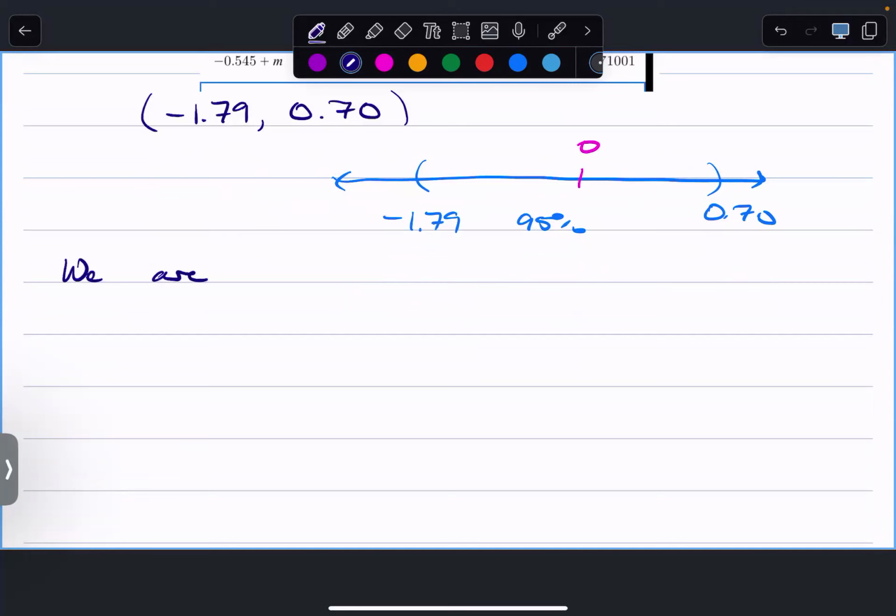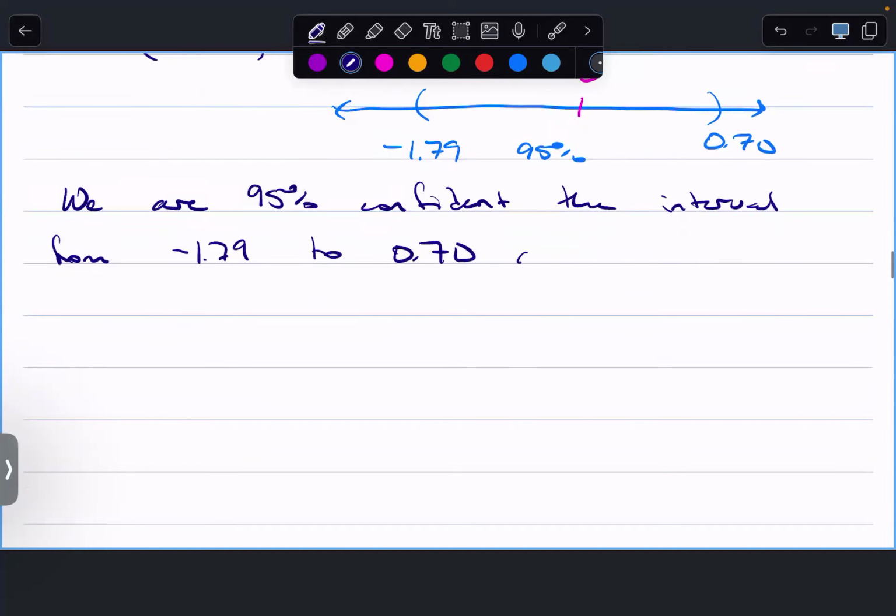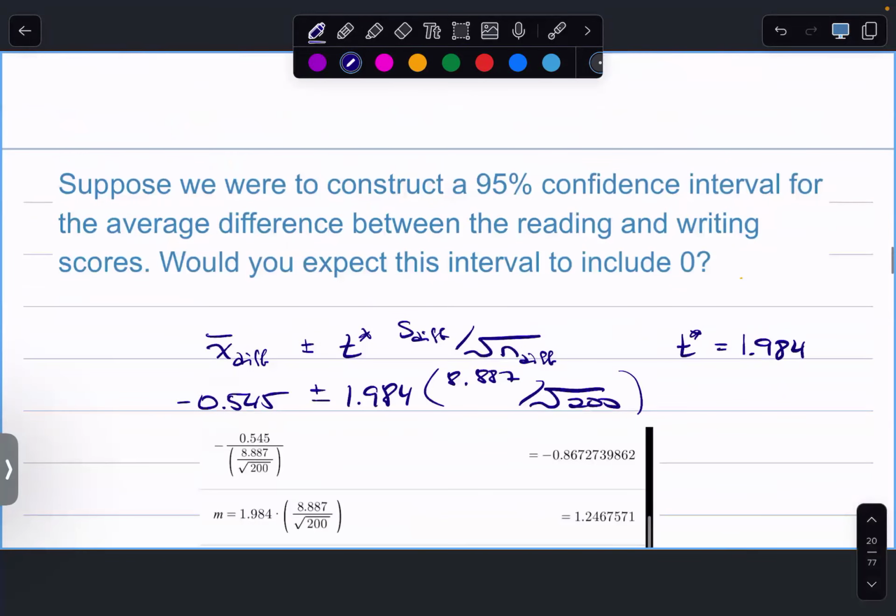I know you wanted to forget about the interpretation, 95% confident. The interval from negative 1.79 to 0.70 captures the mean difference, but it'll also be in the question, right?